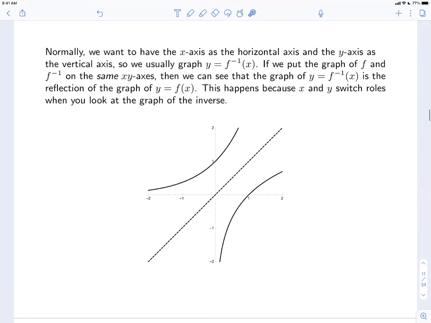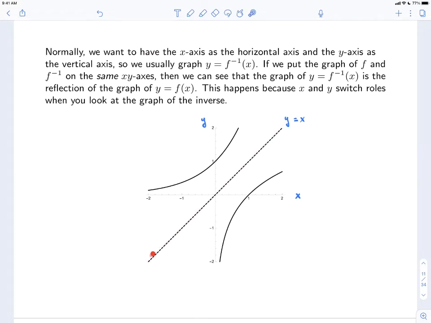So if we want to have the x-axis as the horizontal axis and the y-axis as the vertical axis, then we can graph y = f inverse of x instead of x = f inverse of y. So then we have x as the horizontal axis, and y is the vertical axis. And you can see that this dashed line in the middle is y = x. That's our mirror in this picture.